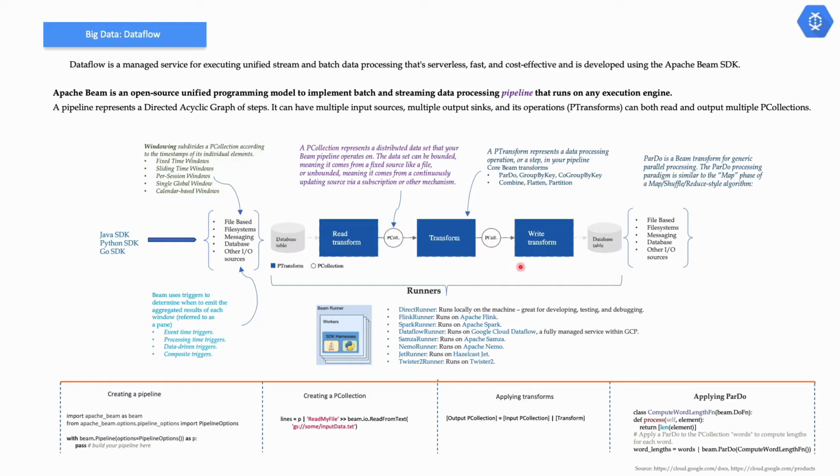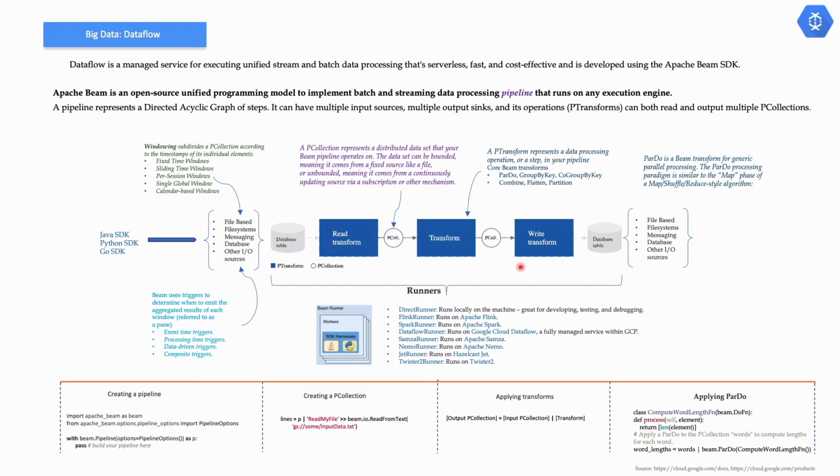Now, this was more about the pipeline, and where Apache Beam differentiates itself is it lets you use any of the runners. So there's an abstraction between the processing part of it, what operation needs to be done on the data, and where it needs to run.